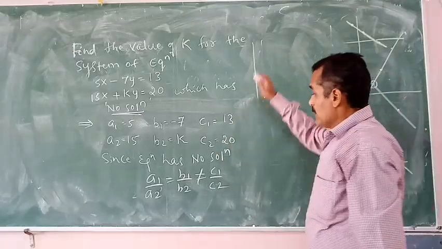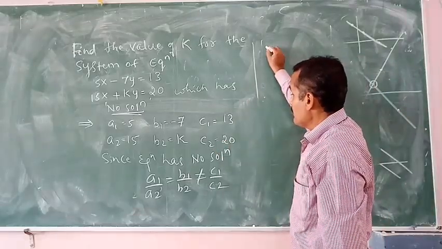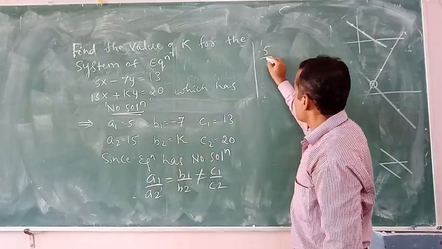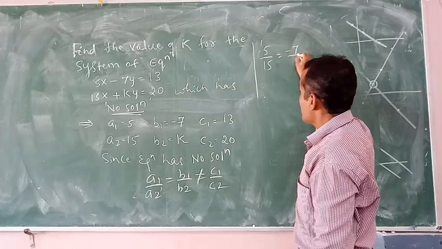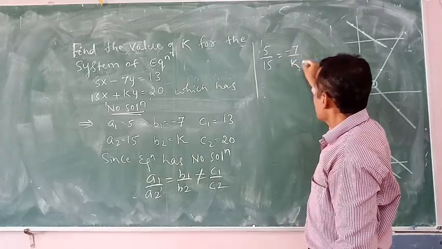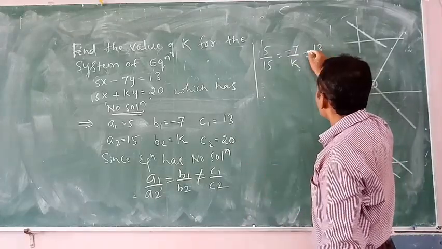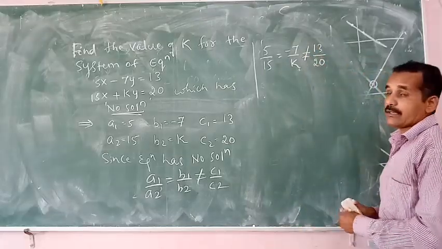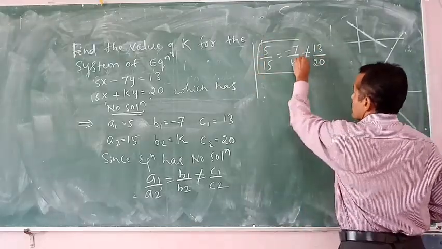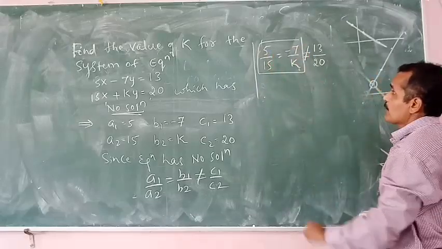Let me write here now: a1 by a2, that is 5 by 15, is equal to b1 by b2, minus 7 by k, is equal to 13 by 20. You can take these two, cross multiply to get your answer.